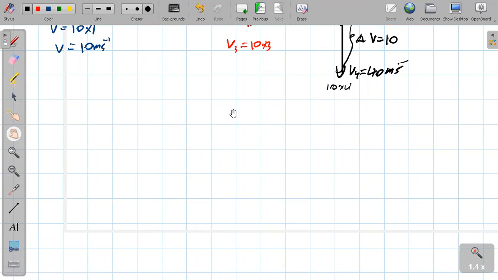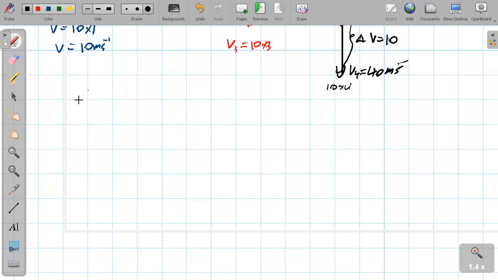The velocity keeps increasing by 10 ms minus 1 in each second.